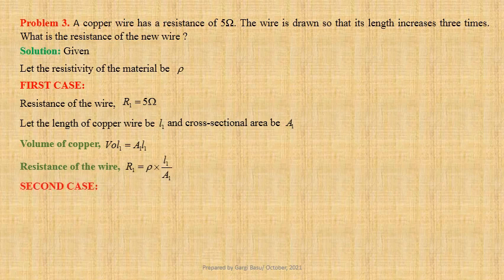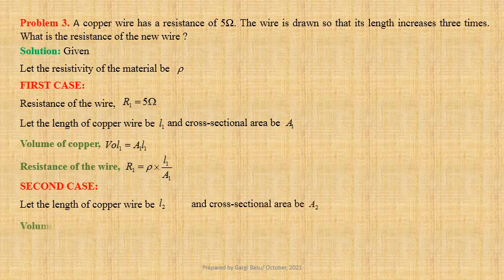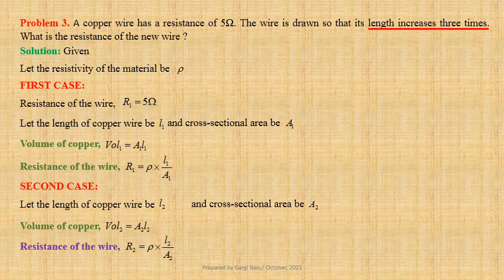Second case, let the length of copper wire be L2 and cross-sectional area be A2. Volume of copper vol2 equals A2 into L2. Expression for resistance of the wire R2 equals rho into L2 by A2. According to the problem statement, length increases 3 times.